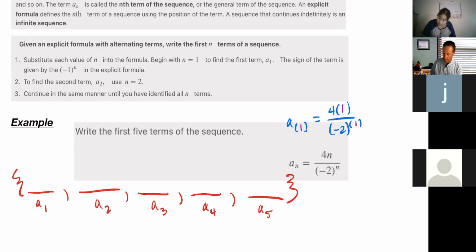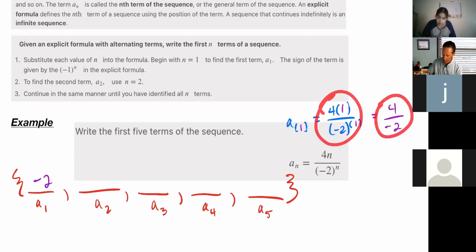So what do we get on top? 4. And on bottom. -2. To give me a final answer for my first term of -2. Always want to simplify it, right? Don't give it to me as this or this. Give me the finished product. Okay, what's the pattern? What are we going to do next?